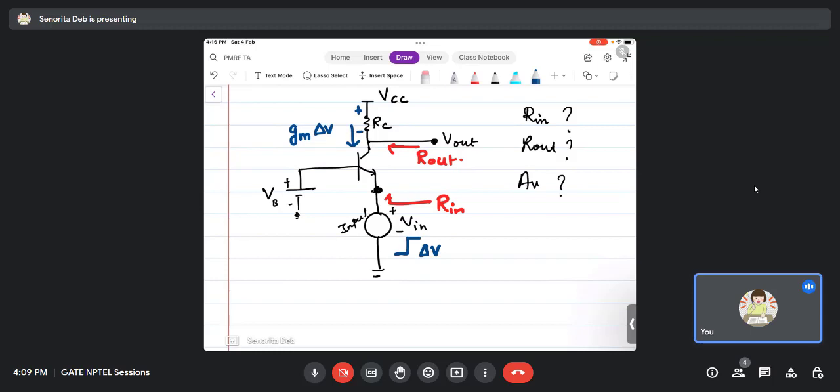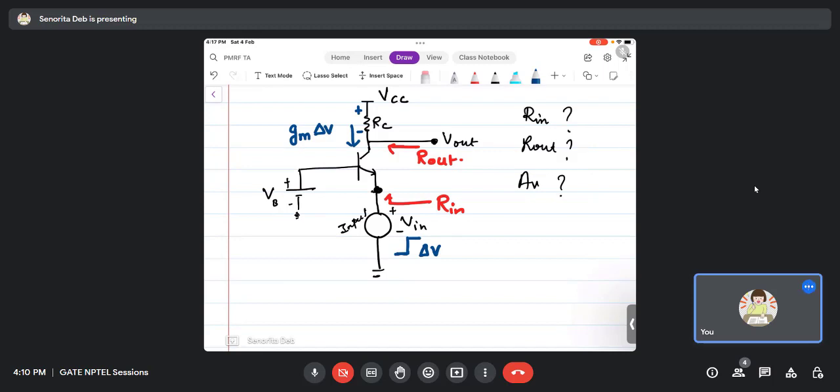The drop is Gm delta V RC. Now as this delta V increases, the drop across RC will also go up, right?